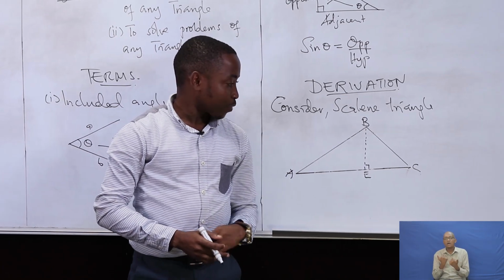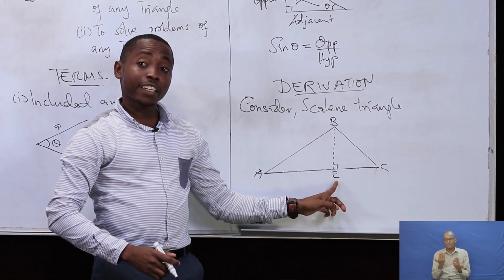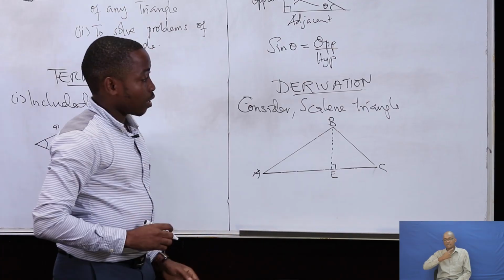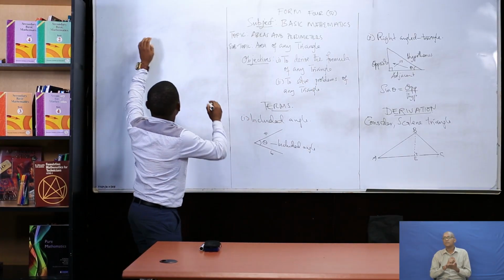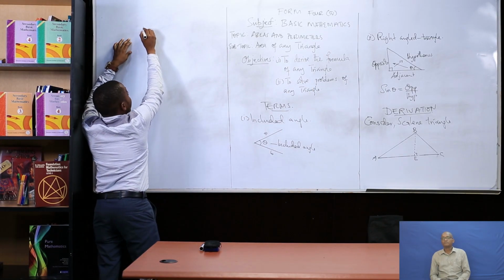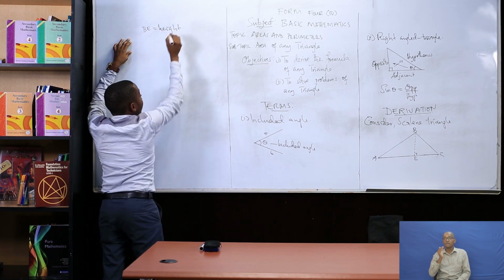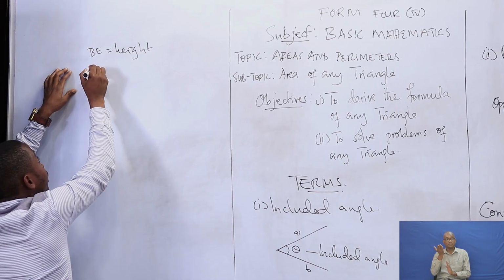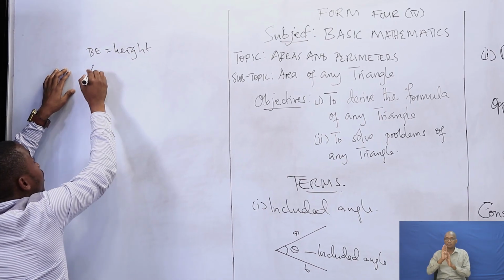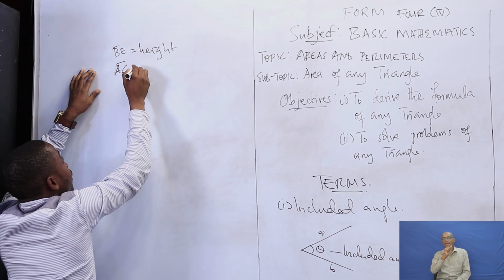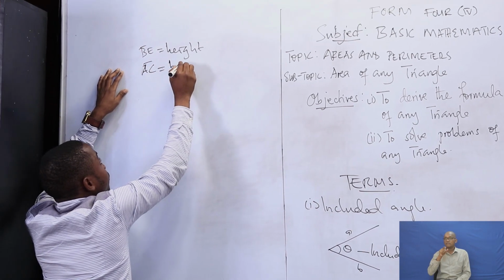Let us observe it. This BE is our height. Let me write in this part here. Given that BE is our height, and EAC, this one is our base.